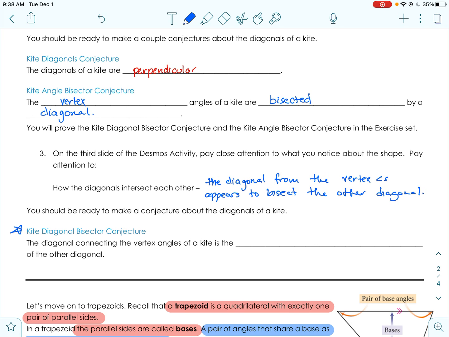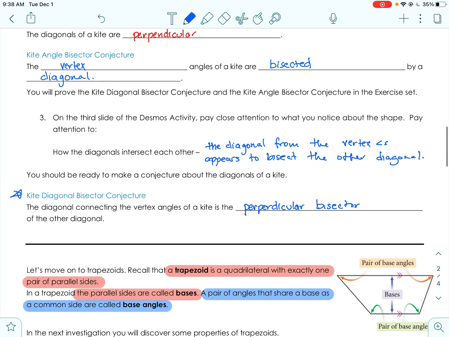What that says is the diagonal connecting the vertex angles of a kite is the perpendicular bisector of the other diagonal. And so that allows us to know that relationship between the lengths of the diagonal between the non-vertex angles.